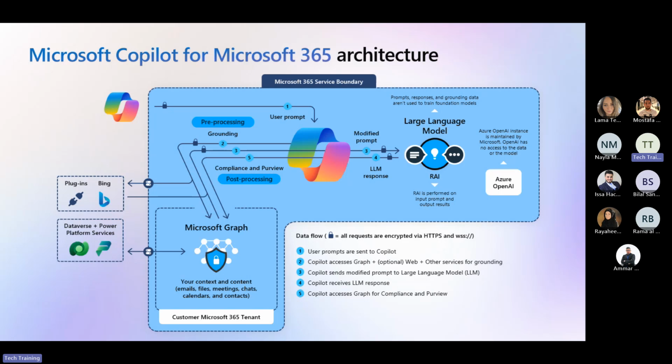So the most important thing here is that Copilot accesses the graph for compliance and Purview to check if the client has the permission to get this information. And if it's okay, Copilot then sends back the response to the user.